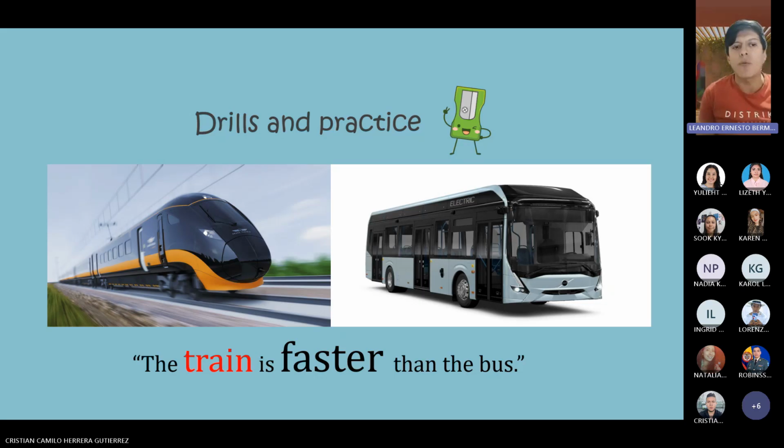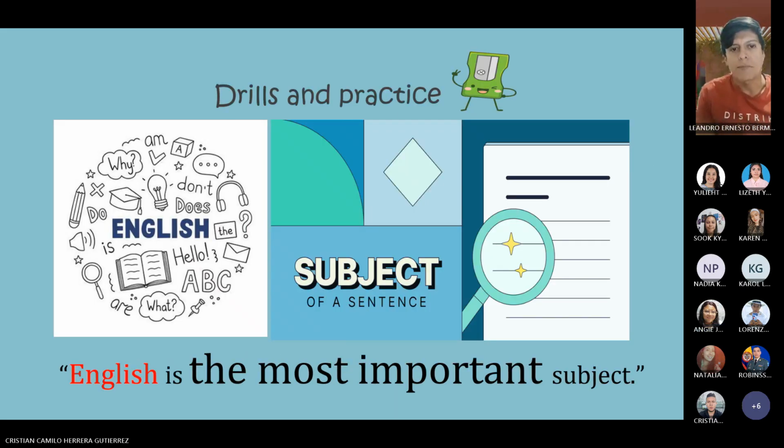And one more time, let's change the vehicle. For example, the motorcycle is faster than the bus. Repeat after me. The motorcycle is faster than the bus. Okay, thank you.